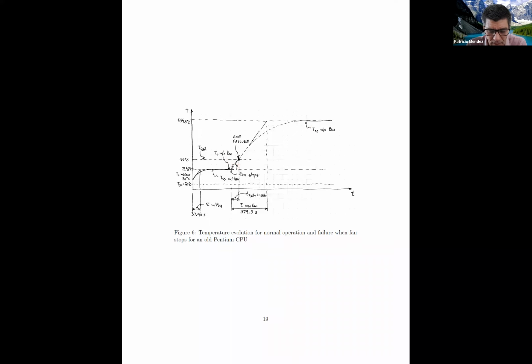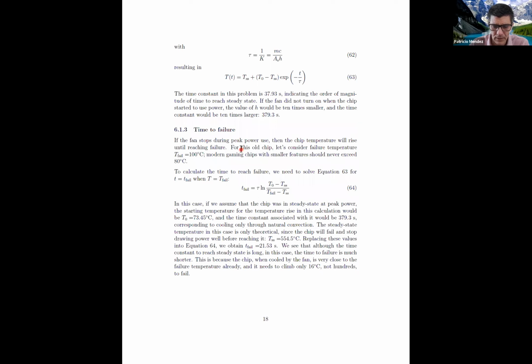And if we do this exponential, we can solve now for time. And this log here is because we're solving for this exponential, and we can calculate the time in which it reaches failure.